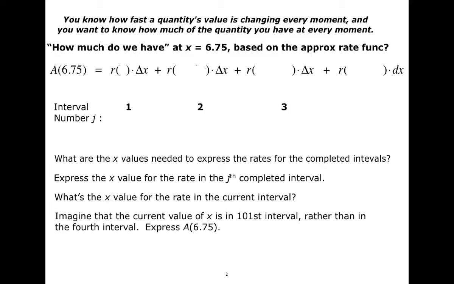Then we're going to imagine that the current value of x is not in the fourth interval, but the 101st. So how would you express A of 6.75? How would you adjust or make a variation on what you see up here to express that the current interval is the 101st?